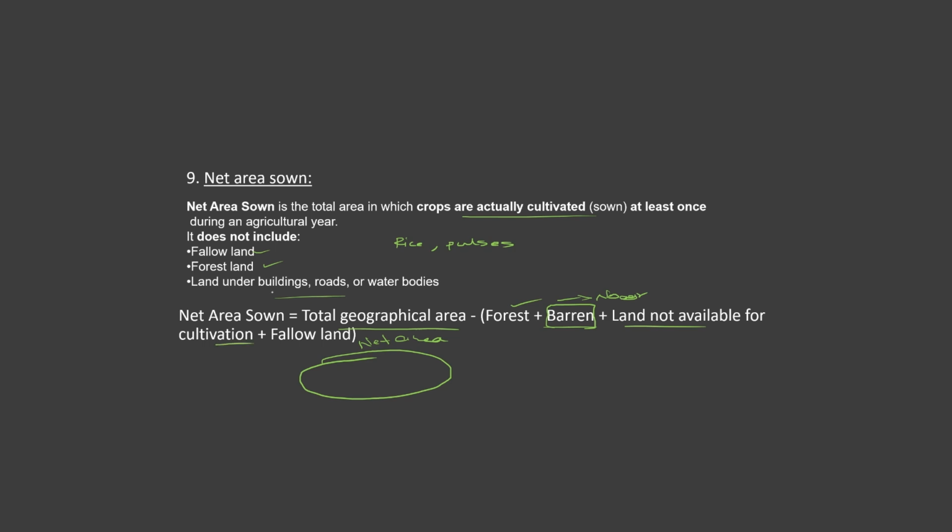That includes land under buildings, roads, water bodies, and fallow land, as we have understood in the previous slide. So the total geographical area minus all these lands is equal to net area zone. To get the net area zone, we can use this formula.